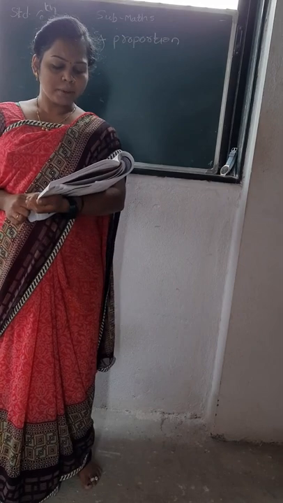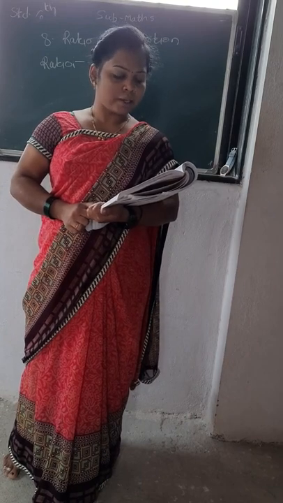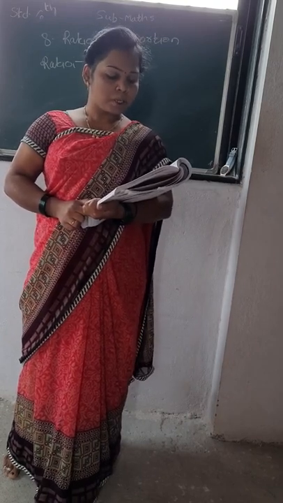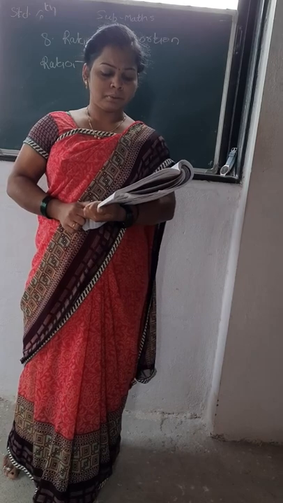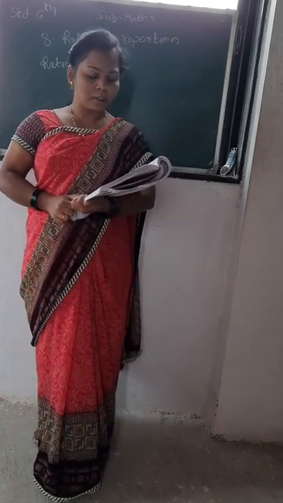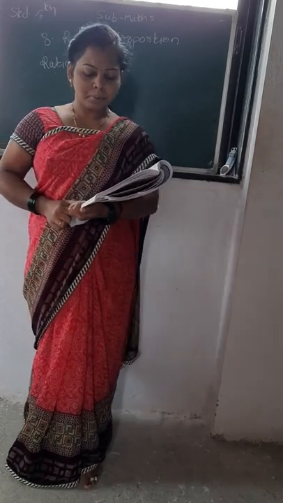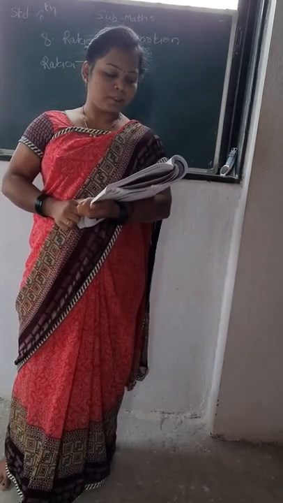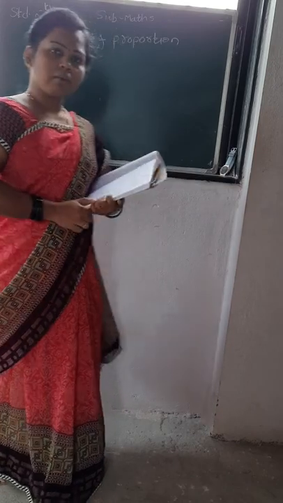To understand better, take an example. Suppose Rohit is 10 years old and his mother is 40 years of age. We can compare the age of Rohit and his mother in two ways.